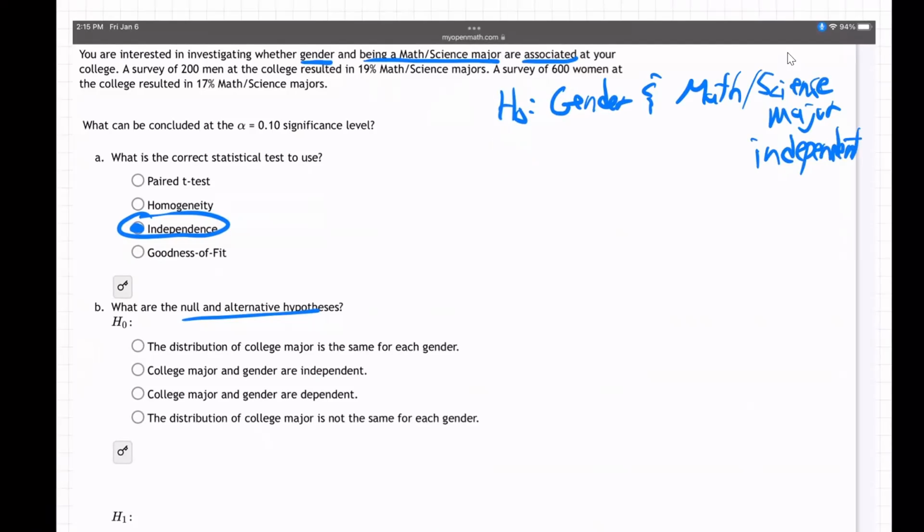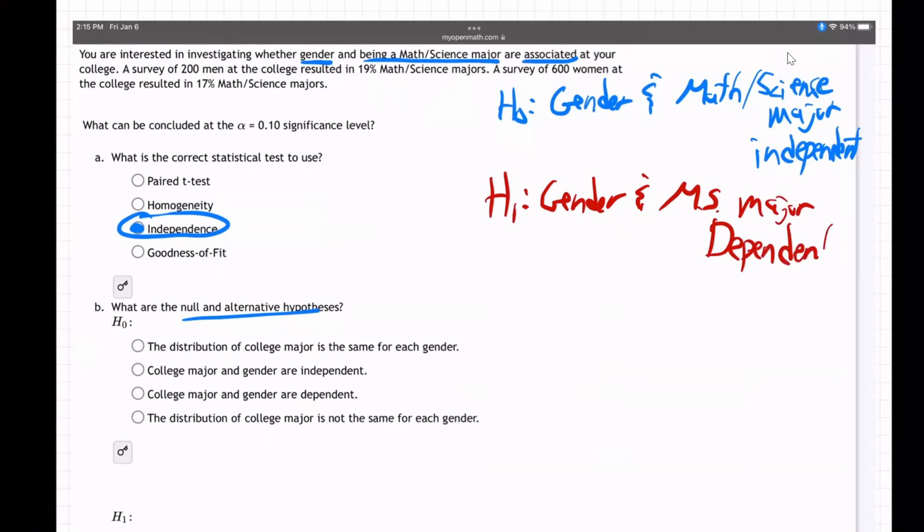Okay, and then H1 is those two things, gender and, I'll just say MS, math science major, are dependent. They're connected. Dependent, associated, connected, right? Your dependents are your relatives.